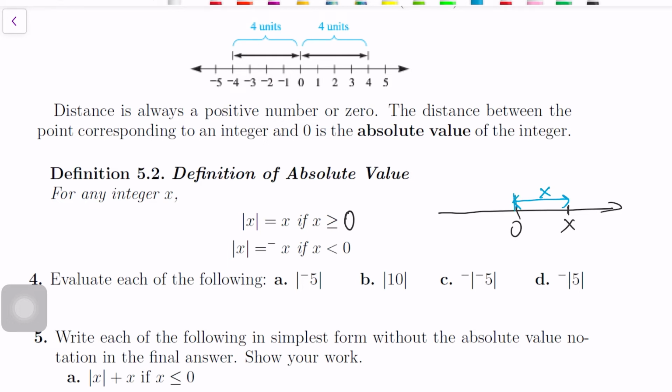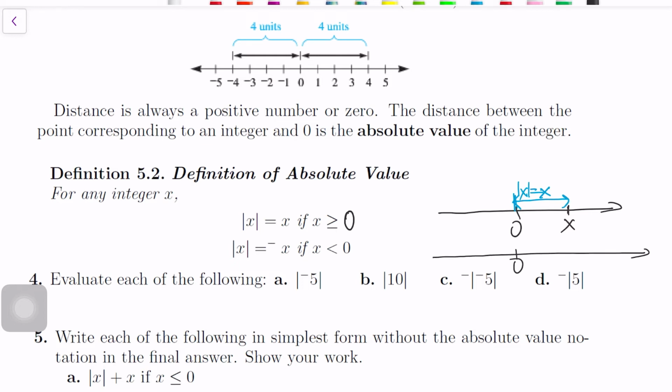For example, if x was 5, that's its distance to 0. So the absolute value of x, which represents the distance, is the same as x itself, because x to begin with was positive.